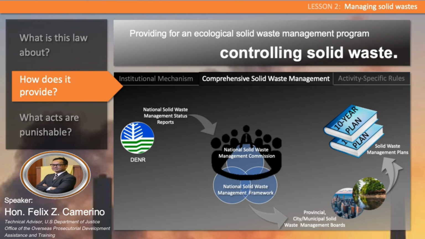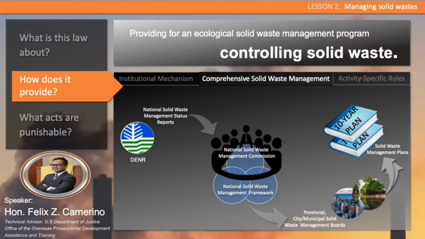Okay, and there's also some similar discussions about a one-time activity of the commission. So yun lang, I mean, that's the language of the law. It sort of says, to get this started, okay, the DENR has to do a status report, and it almost sounds like once they've done that and they're able to submit that to the commission, tapos na yung trabaho nila.